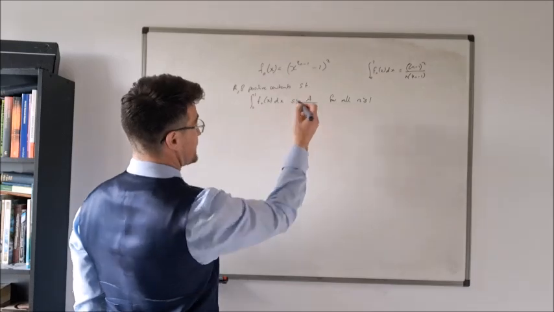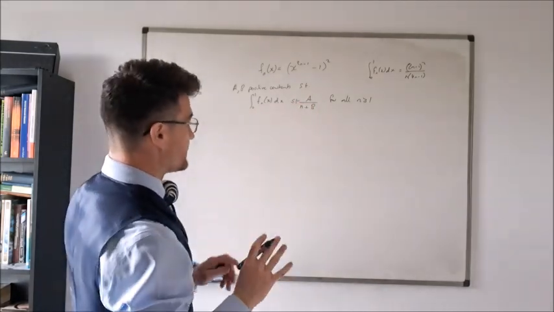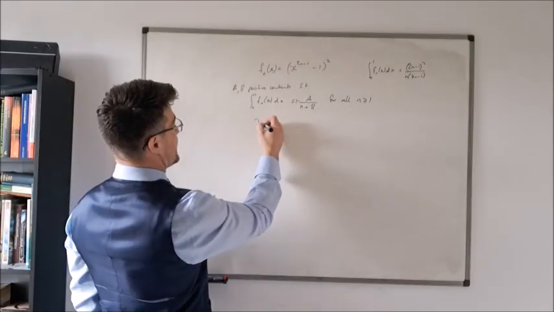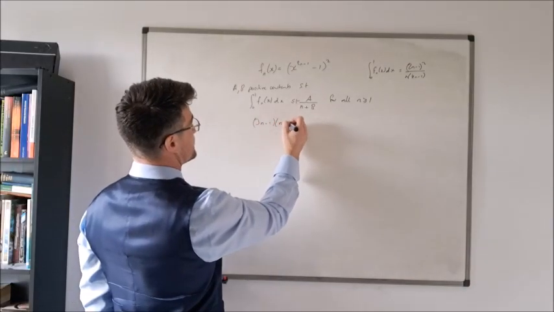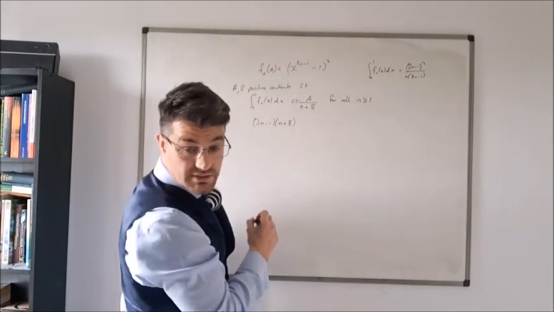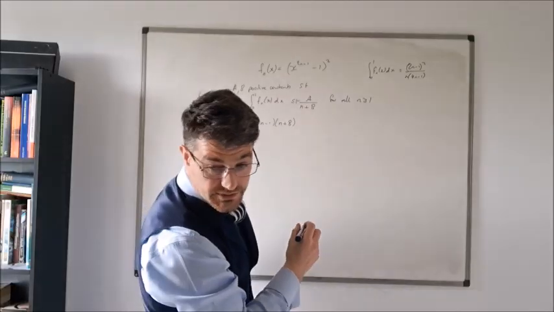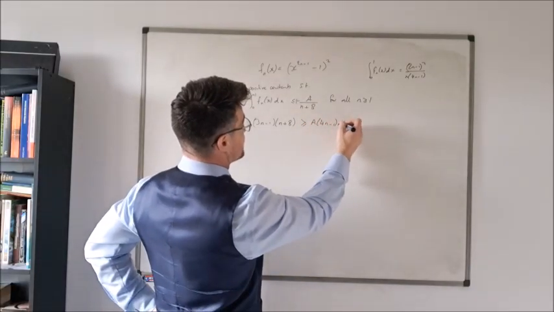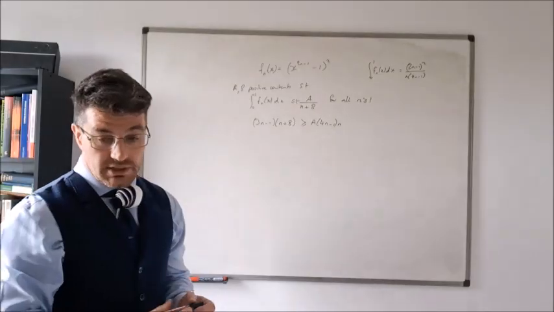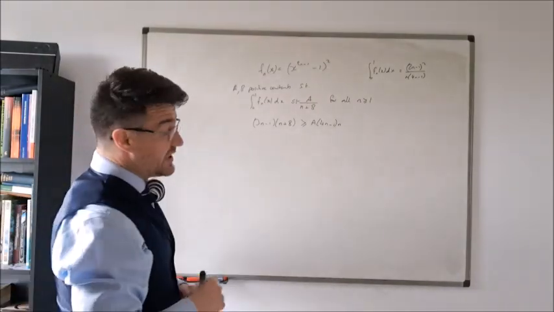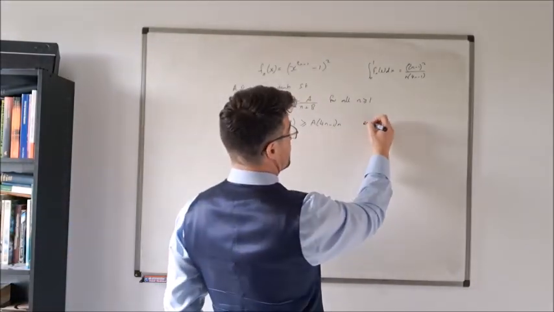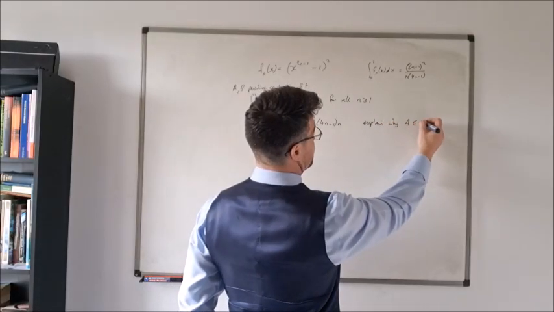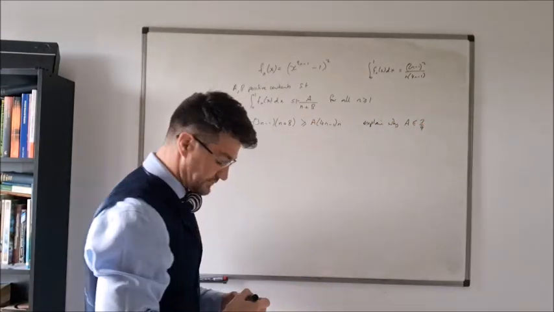It's actually 1 minus a over n plus b. Show that (3n minus 1)(n plus b) is greater than or equal to a times (4n minus 1) times n, and explain why a has to be less than or equal to 3/4.